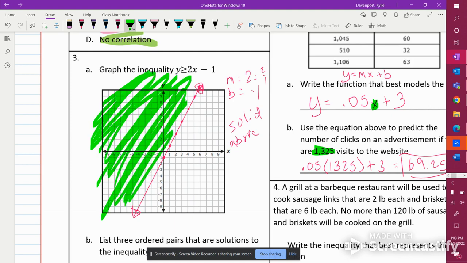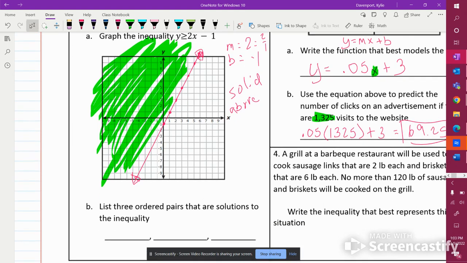Okay. So now I also want you to list 3 ordered pairs that are solutions to my inequality. That can be any 3 ordered pairs in this scenario. For example, 0, 0 is one that works. I could say -7, 4 is one that works.